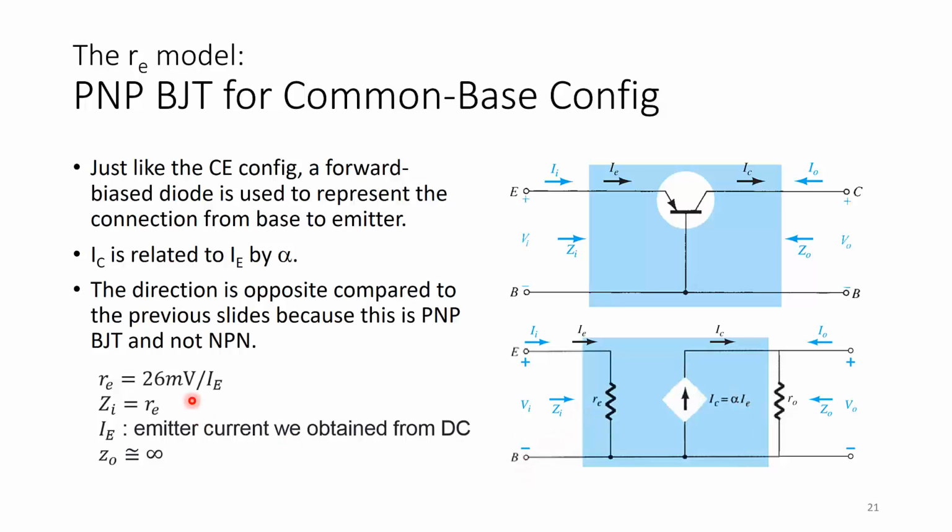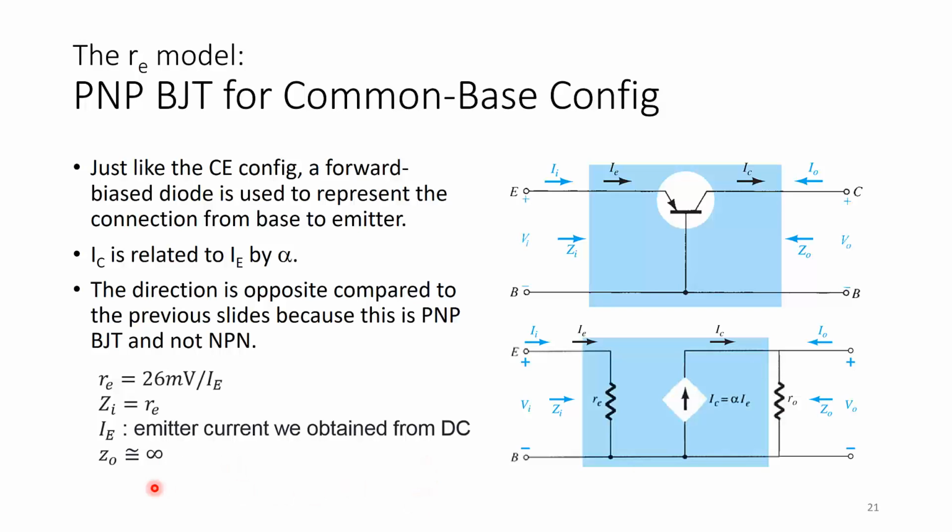RE is still 26 millivolts over IE, which you need to get from the DC analysis. Zin is the input impedance when you look into the amplifier and you see RE. And IE is the emitter current that we obtain from DC. And Zout, when we look into it, is going to be almost the value of Rout, which is estimated to be a very large value in this case.